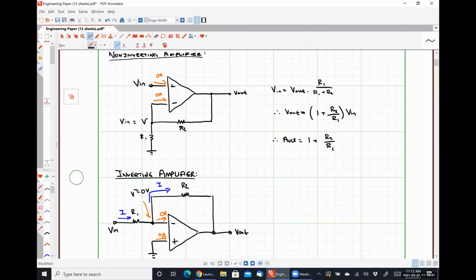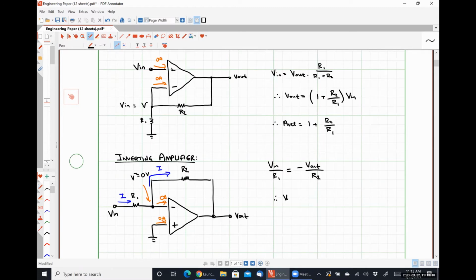So I can say that Vin over R1 has to be equal to 0 minus Vout, or negative Vout divided by R2. And I can rearrange this and see that Vout is simply negative R2 over R1 times Vin, which means I have a closed loop voltage gain, AVCL, of negative R2 over R1.